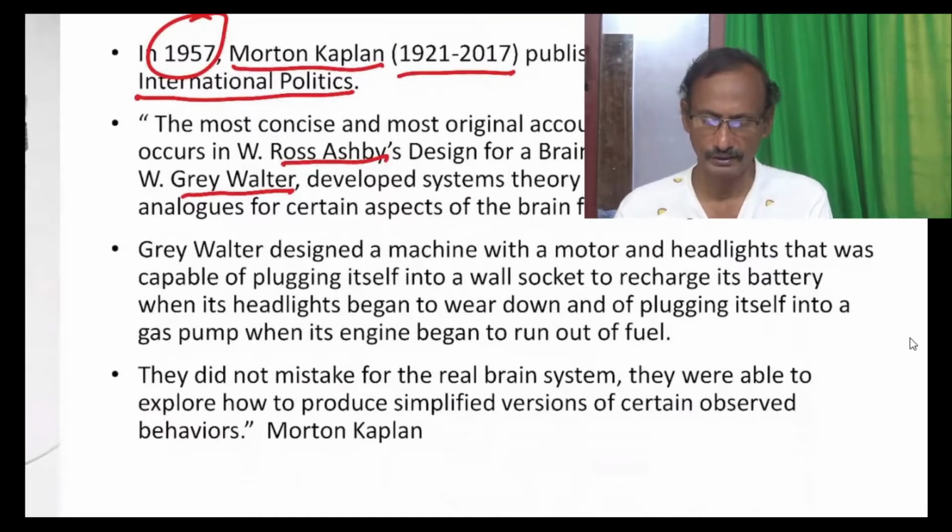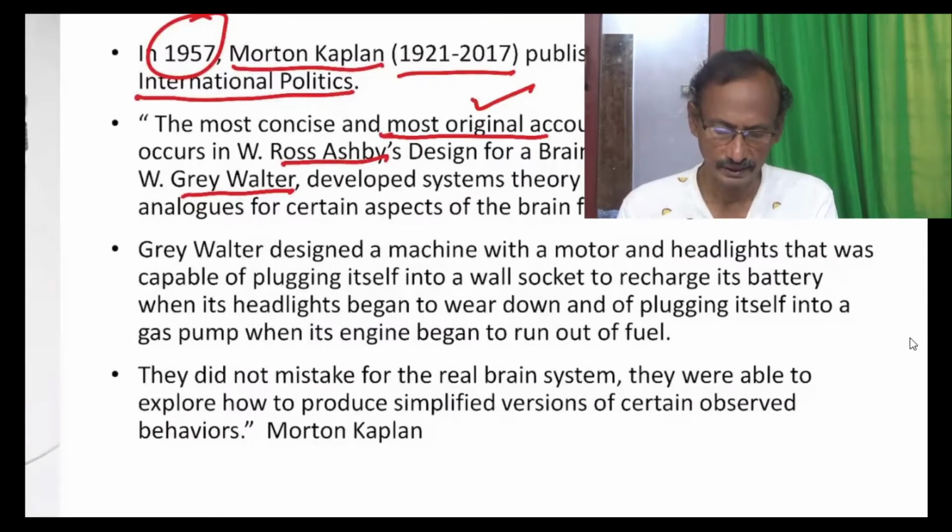Okay. So to him this is most original. And he says, this is an analogy. They did not mistake this for the real brain system. They were able to explore how to produce a simplified version of certain observed behaviors.